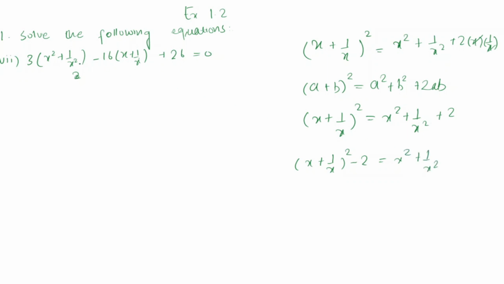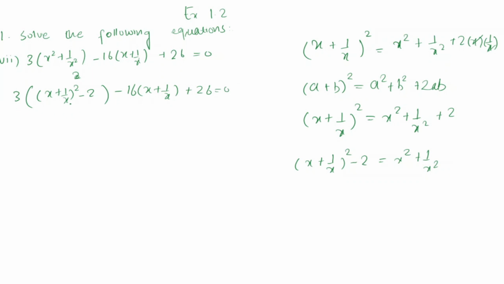So I can write x square plus 1 over x square in the form of x plus 1 over x. So the 3 in this term is equal to x plus 1 over x whole square, and here I would be writing the 2 as well, and this is minus 16 into x plus 1 over x plus 26.